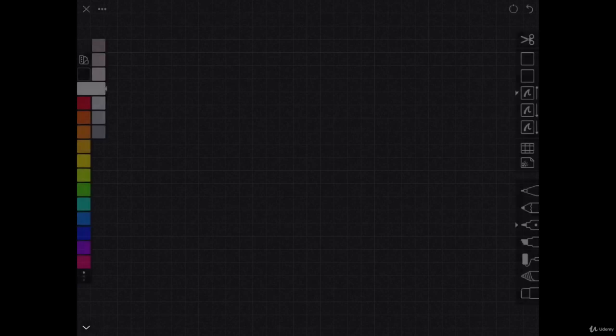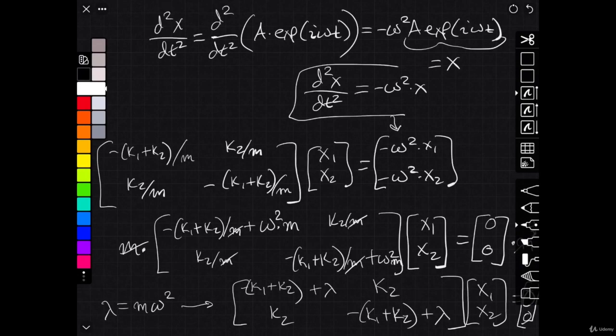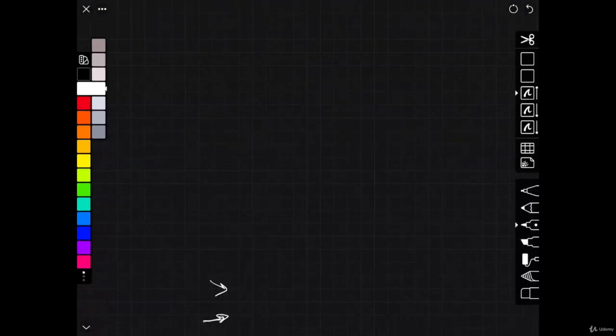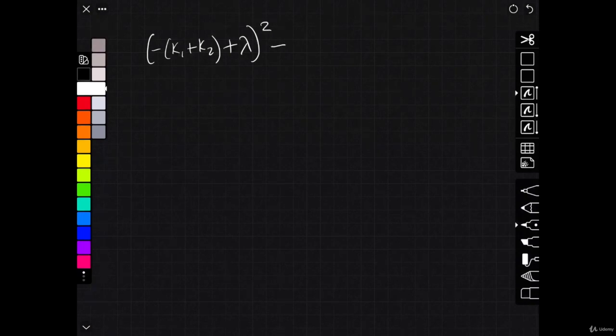If we take the determinant of this equation here, we come up with minus k1 plus k2 plus lambda, all squared, minus k2 squared, and set this all equal to 0. So that's just the definition of the determinant.